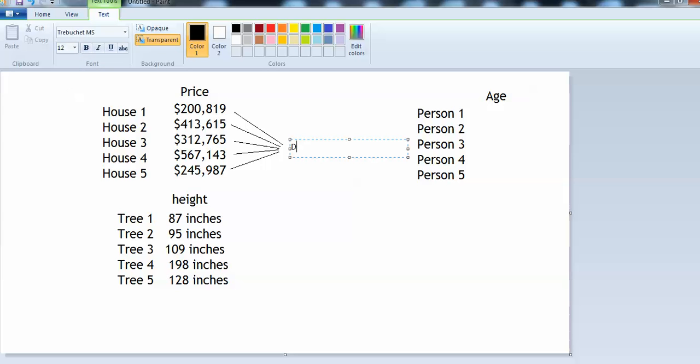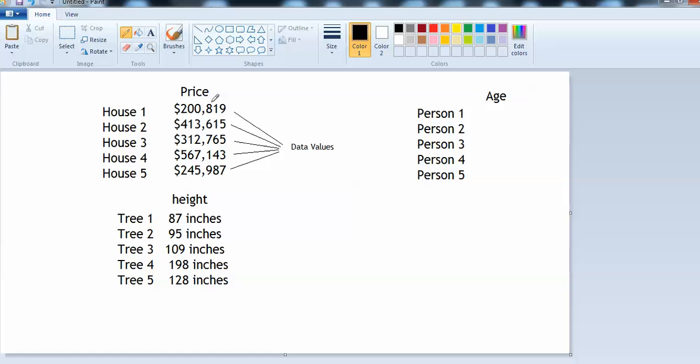They're the pieces of information that describe the houses. And one thing that I forgot to say is that even if some of the values are repeated, you would still record every value. So even if 2 of these houses had the same price, you would still record both prices.